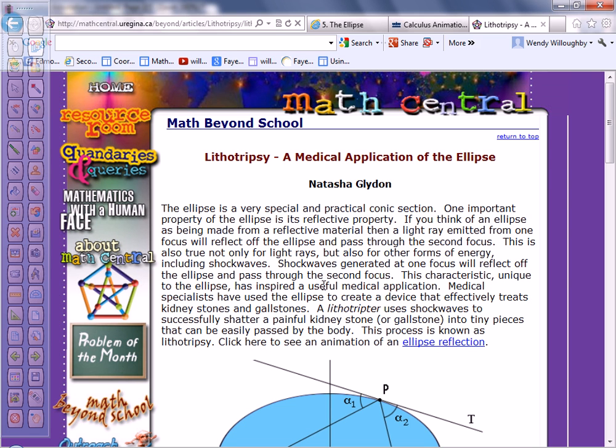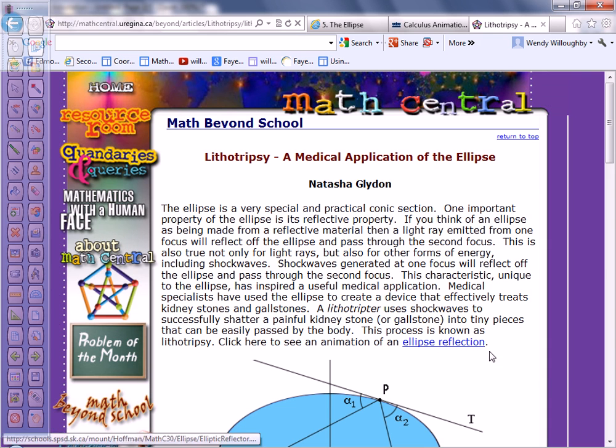This is unique to the ellipse. It's used by specialists to create a device that treats kidney stones. What this does is it uses shock waves to shatter the kidney stone into tiny pieces. And it's known as this word.